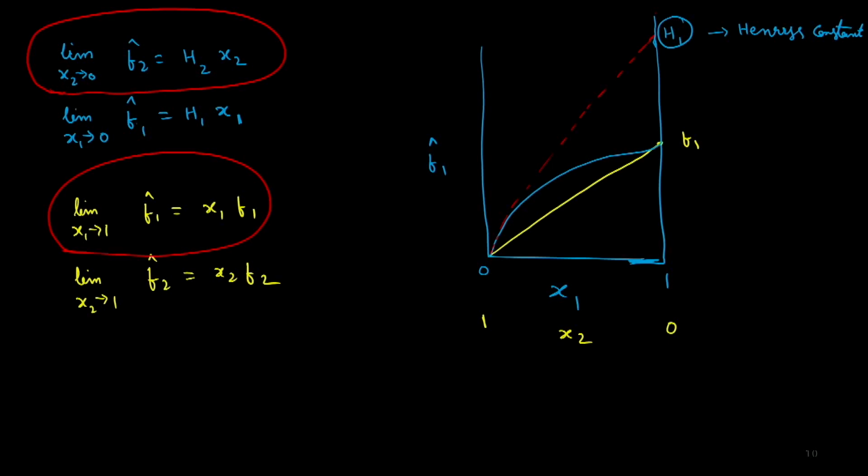This is stipulated by the Gibbs-Duhem equation. So let's write that down. If f1 hat is proportional to x1, then f2 hat will be proportional to x2. This is a stipulation we can obtain from the Gibbs-Duhem equation.